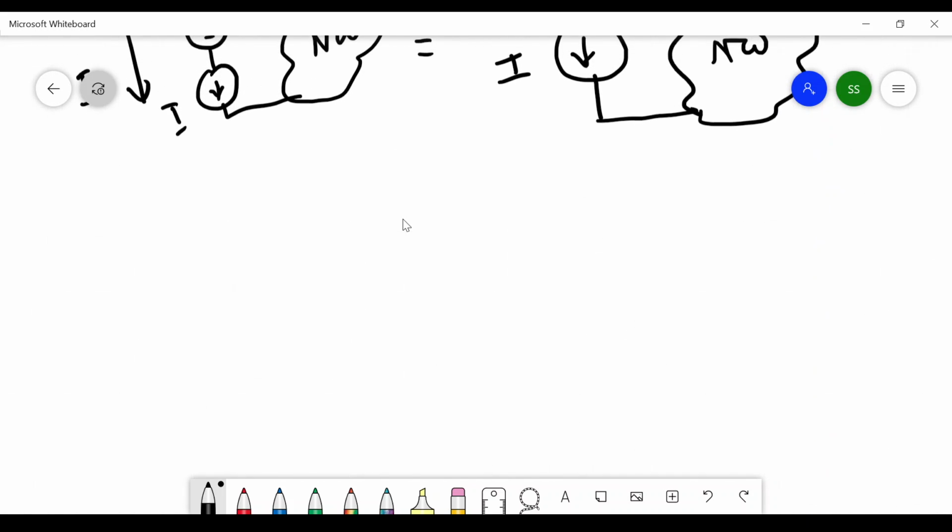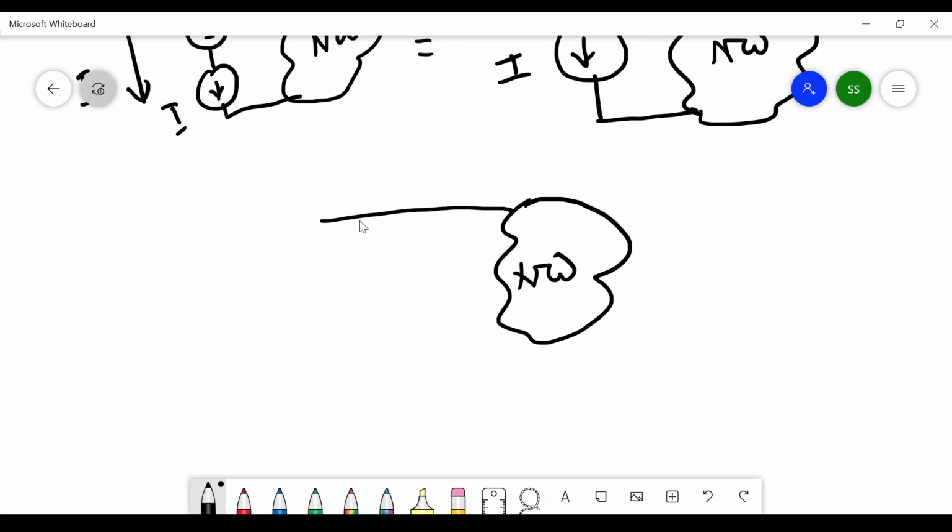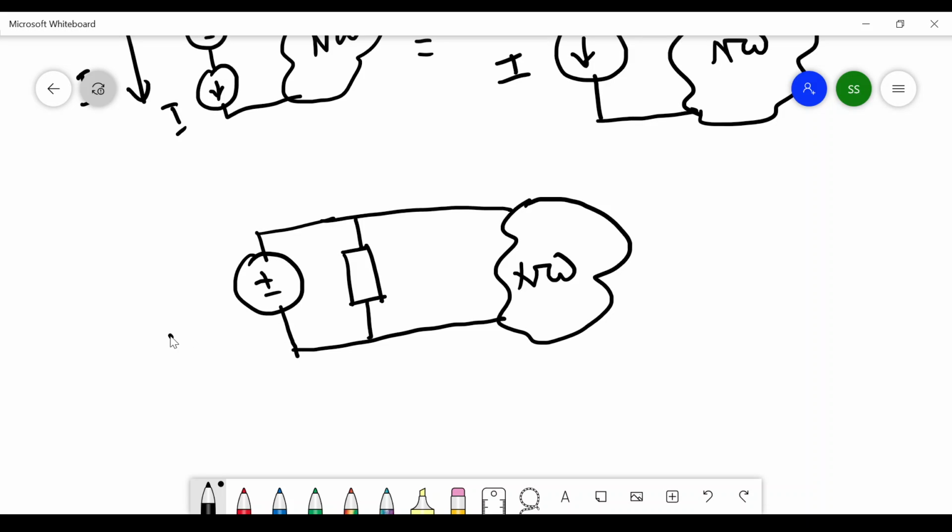Now let's say we are having a network like this, and we are having an element here, and in parallel we are having a voltage source, let's say V0. Obviously if I consider this particular section here, the voltage is V0 because this element and the voltage source are connected in parallel.